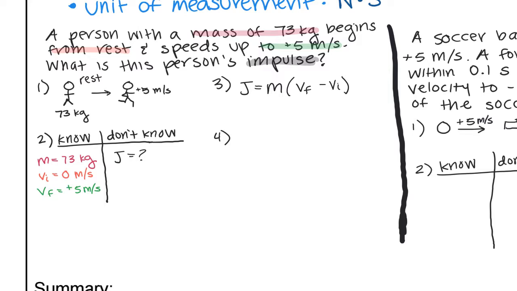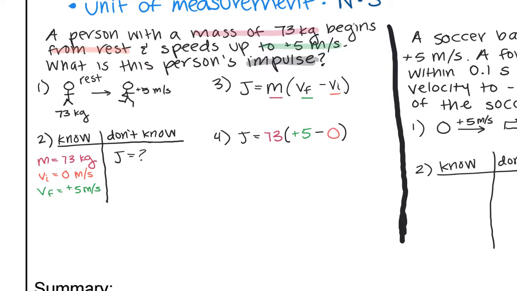All right, so now that we've got that ready, we can start plugging those values in. For mass, I'm going to plug in 73 kilograms. For our final velocity, right here, I'm going to plug in positive 5 meters per second minus the initial velocity, which we know is 0.